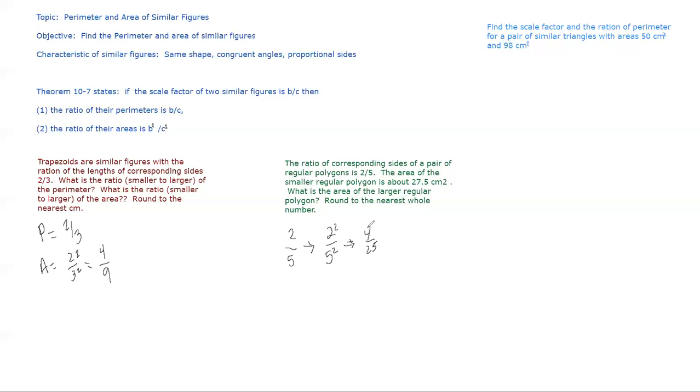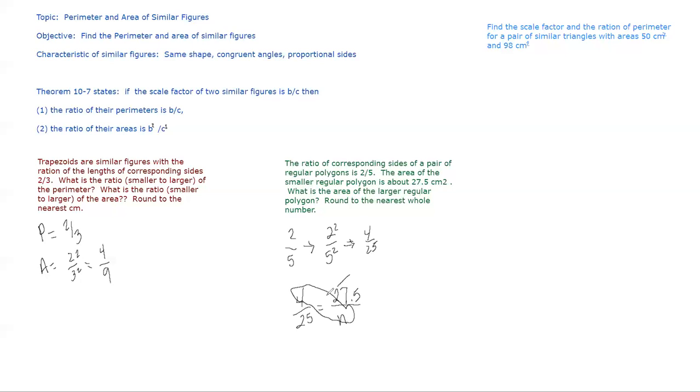Okay, that gives me the ratio I need to set up a proportion. So I know that the smaller one is 4 and the larger one is 25. That's going to allow me to set up the proportion for the area of the smaller one, which is 27.5, over the larger area, which I don't know. That's going to let me cross multiply, right?